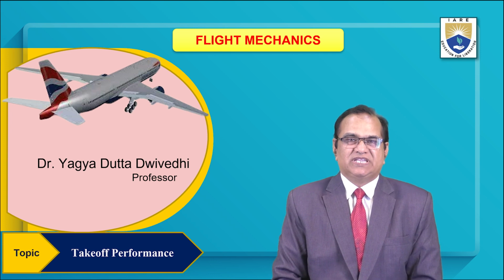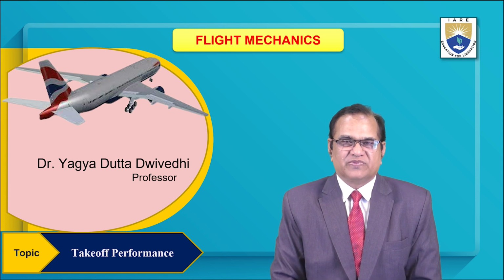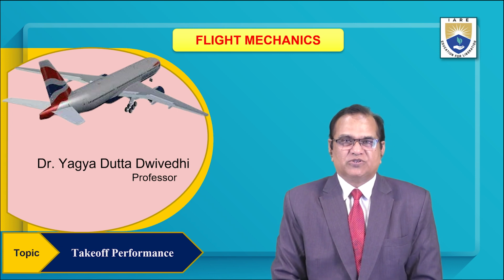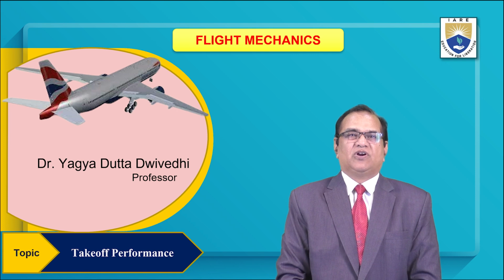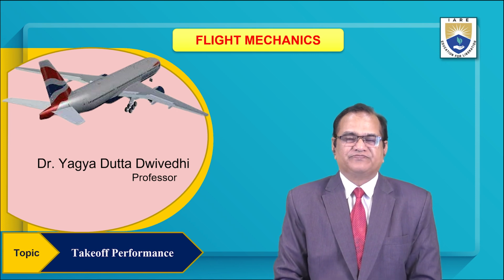Then we have seen module 2, which is the cruise performance. In the cruise performance, we have worked on the equation of motion for the cruise, where lift is equal to weight, and thrust is equal to drag.